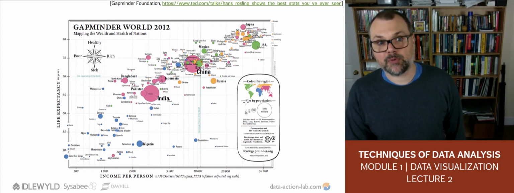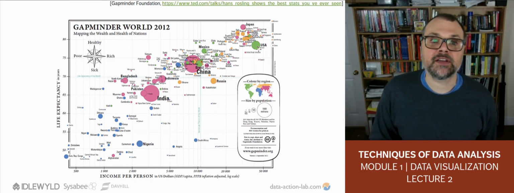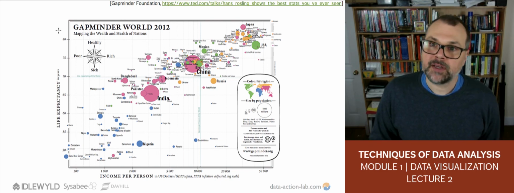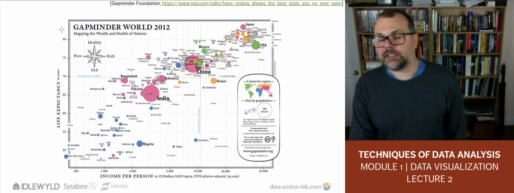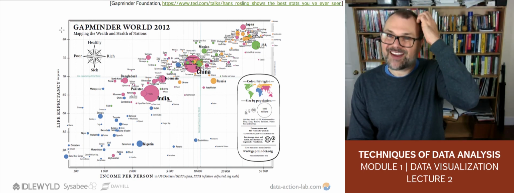It has great documentation as well if you ever want to read it up. Do you believe the numbers that are given, say for Canada, right about here? A certain income per person, a certain life expectancy. It's like, yeah, I probably believe it. These numbers probably come from ESDC or StatScan or some other organization that I have faith in.